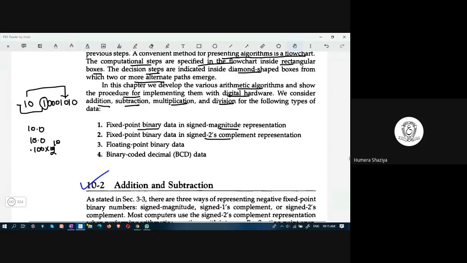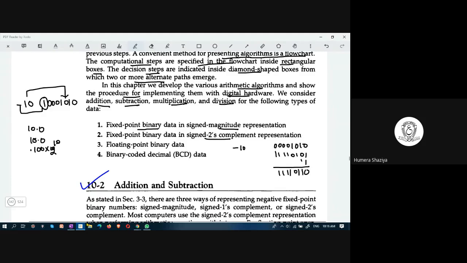For instance, if you have to represent minus 10, first you obtain its binary form, which is 4 zeros, 1 0 1 0. Later you convert it into one's complement, which is 1 1 1 1 0 1 0 1, followed by addition of 1 to this converted number, which is in one's complement. So 1 plus 1 is 0, carry 1, and you get 1 1 1 1 0 1 1 0.